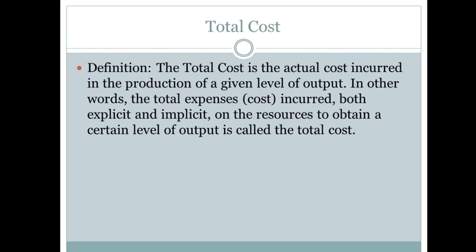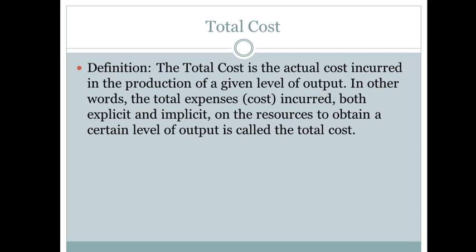After that, we have to see the total cost. The total cost is the actual cost incurred in the production of a given level of output. In other words, the total expenses, both explicit and implicit, incurred on the resources to obtain a certain level of output is called the total cost.